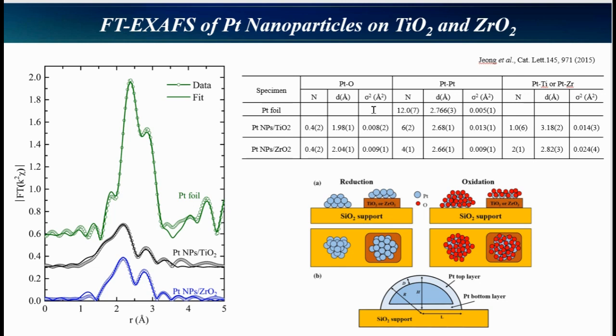The result revealed that there are some oxygen atoms, and some titanium or zirconium around the platinum atom. Also, neighboring platinum atoms are located around the probing atom. From the result of data fitting and wavelet EXAFS, we can make the platinum cluster model like this figure.